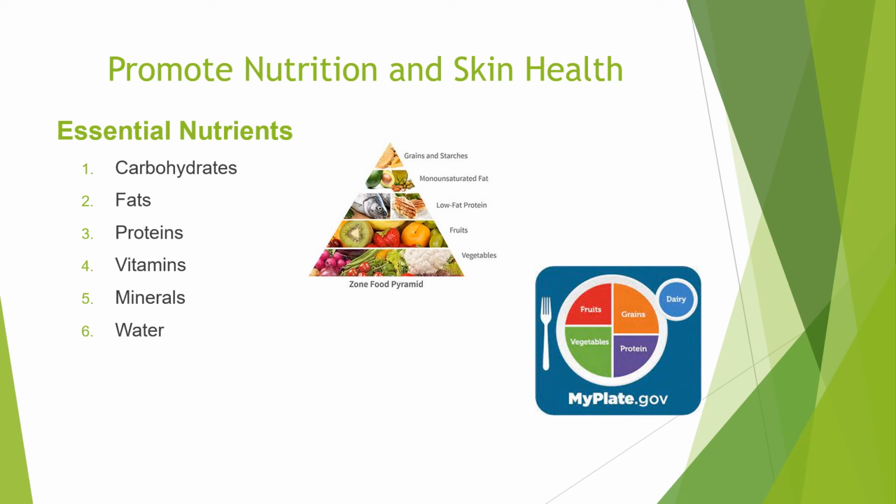Carbohydrates are needed for energy to run every function within the body. Fats are needed for many body functions, including hormones, sebum production, and absorption of fat-soluble vitamins A, D, E, and K. Proteins are important for building muscle and blood tissues and for cell repair and replacement.